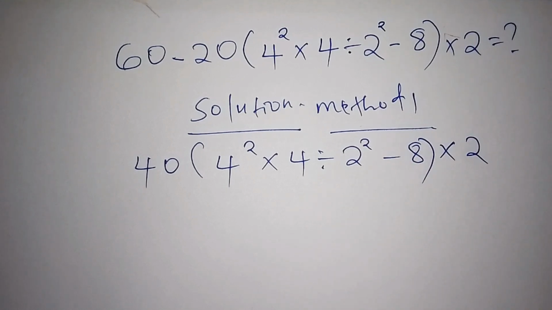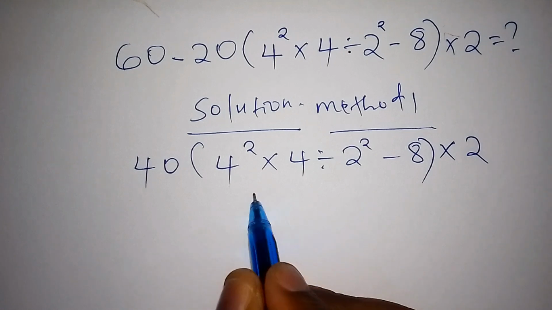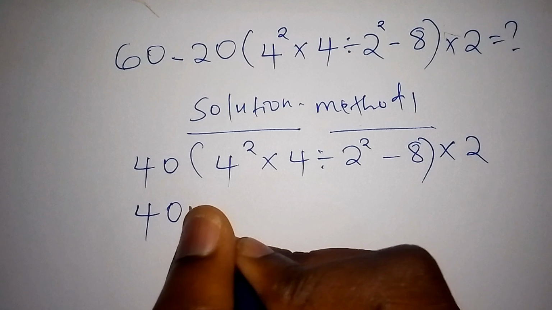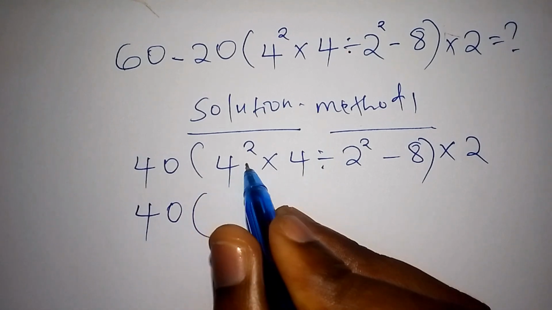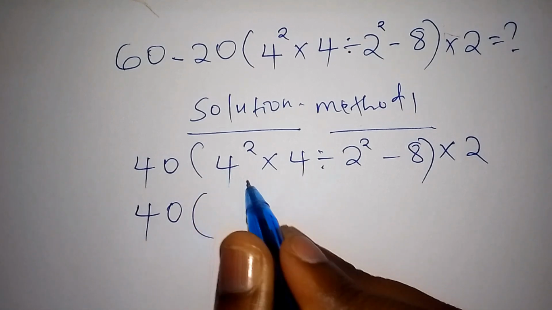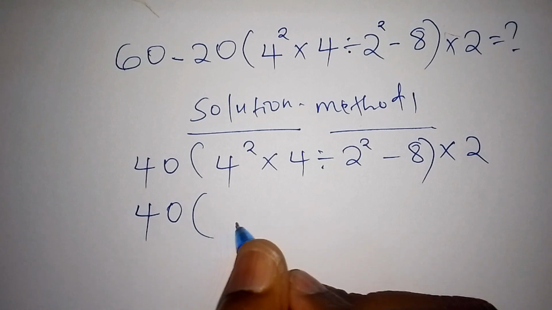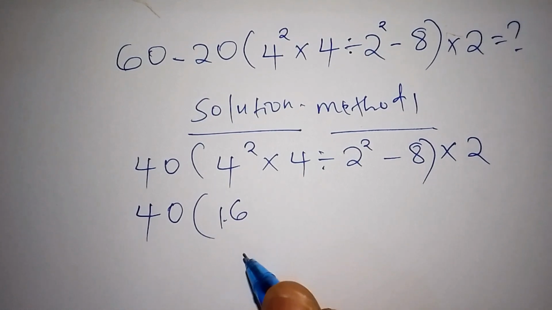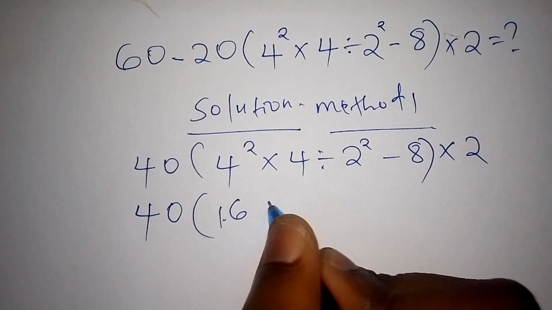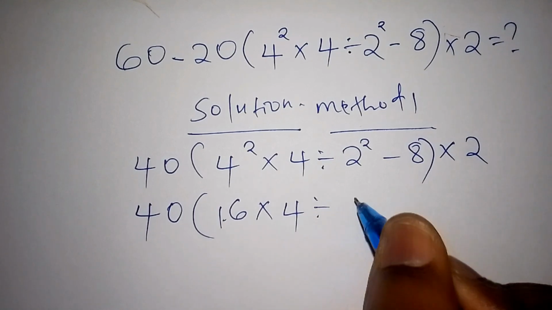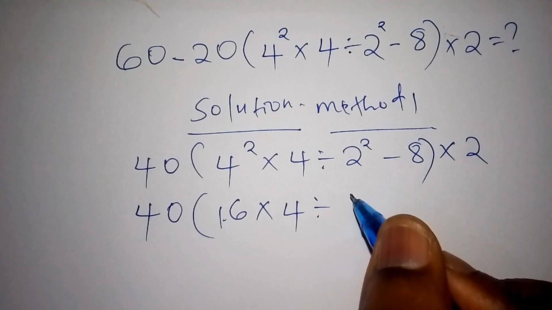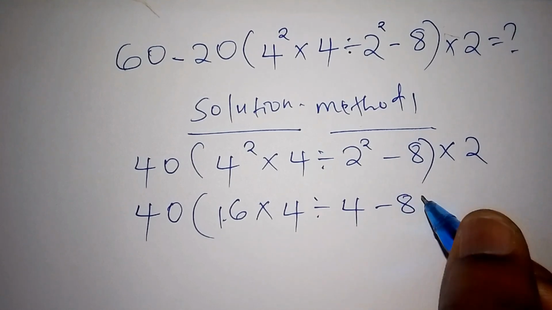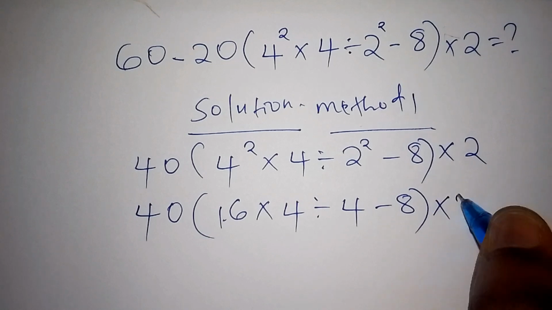Now we shall work out the numbers inside the bracket. 4 squared is 4 times 4, which is 16. Then 16 multiplied by 4, then divide by 2 squared, which is 2 times 2, which is 4, then minus 8, close the bracket, times 2.